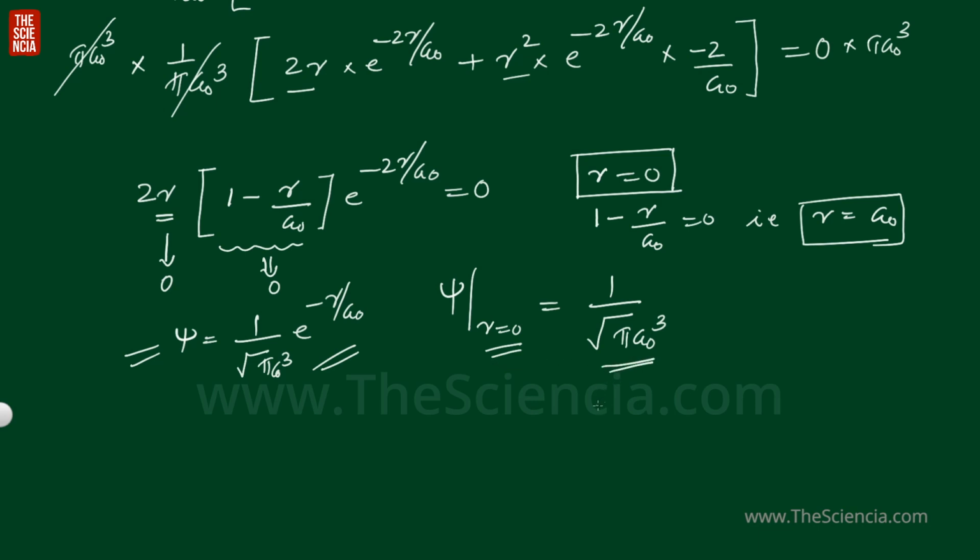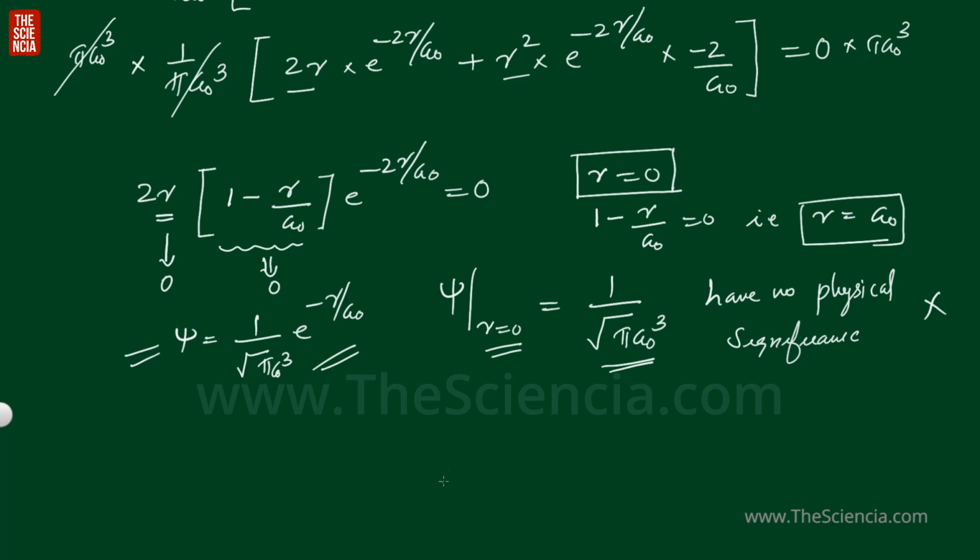That is, at the nucleus, there is electron. But this is not logical, right? Because at the location of nucleus, there will not be any electron. Therefore, this solution has no physical significance. So we neglect this result.